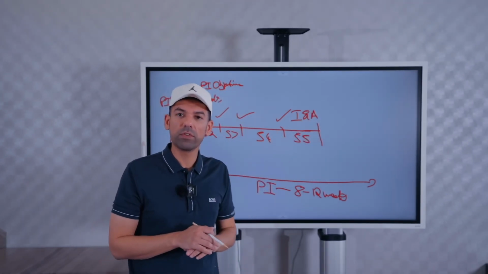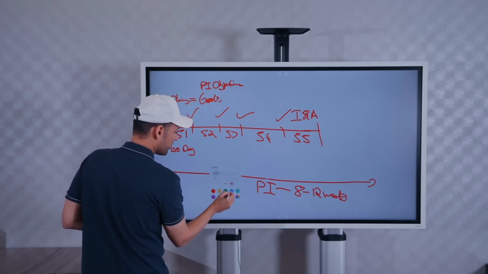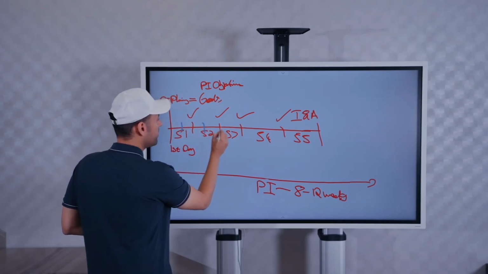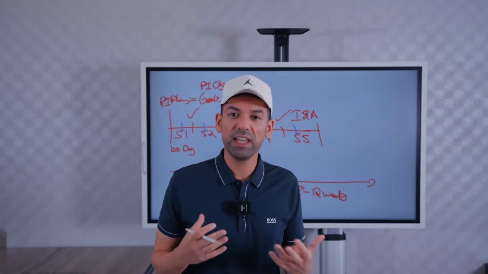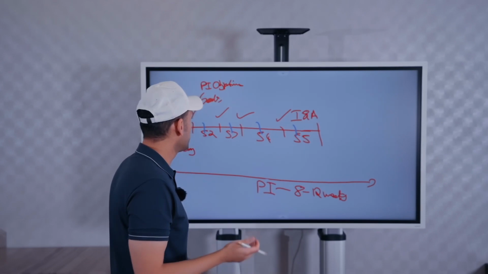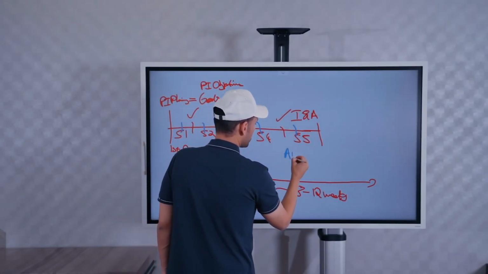But there's another powerful thing that this structure gives you. Every week, there's going to be something called a SOS, a Scrum of Scrums, or you could call this an ART sync.